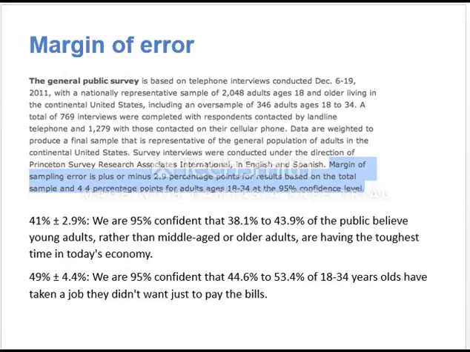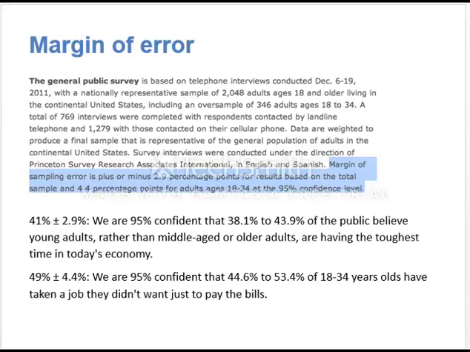So if I were going to write this out, I'd say something like we are 95% confident that the interval 38.1%, which is 41 minus 2.9, up to 43.9, which is 41 plus 2.9, of the public believe young adults are having the toughest time in today's economy.